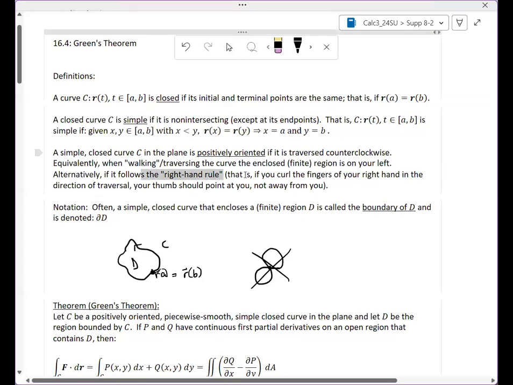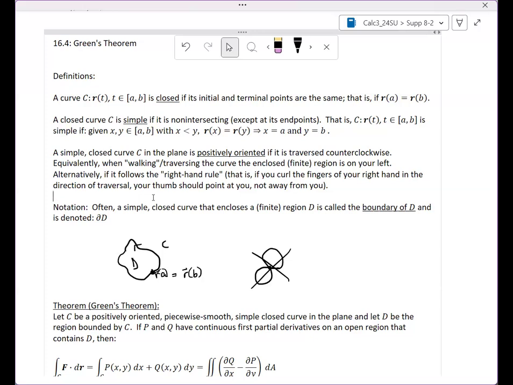Or another way we can think of it, this might have a bit more of a physics feel to it, is that it follows something like a right-hand rule. That is, if we take our fingers on our right hand and curl them in the direction that the curve is going, our thumb kind of points toward us. Whereas if it was oriented the other way and we took our fingers of our right hand and curled them that way, it's kind of hard to do.